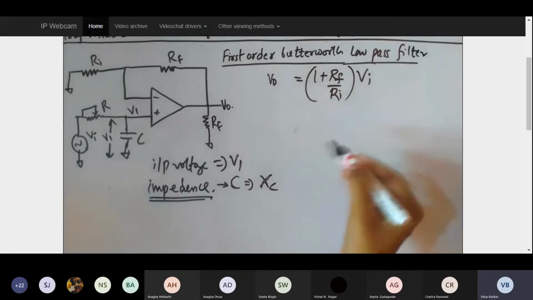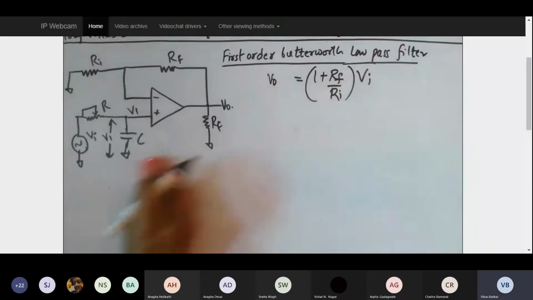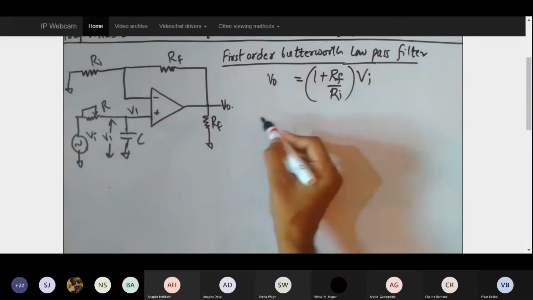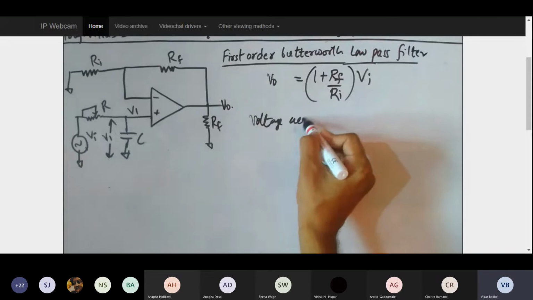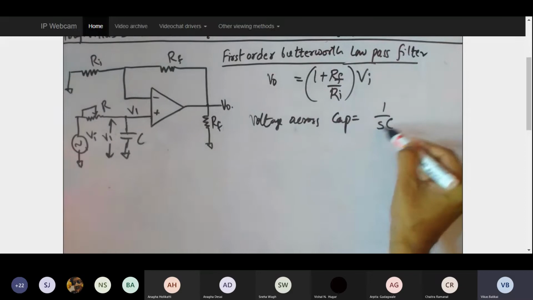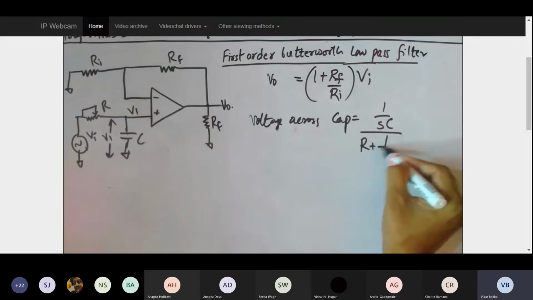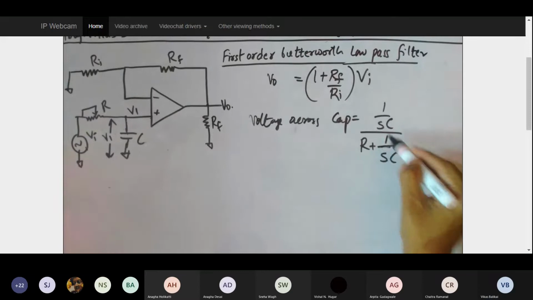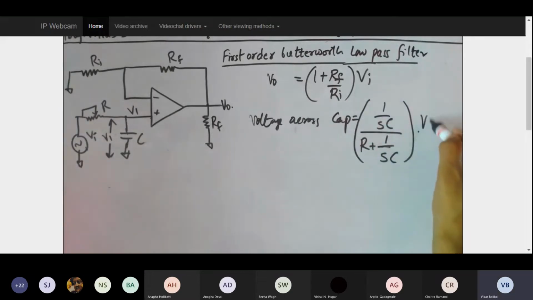So the thing is, I'll just write: voltage across the capacitor is given by 1 upon SC, whole divided by R plus 1 upon SC, whole multiplied by Vi of S. Now, since the capacitor is going to behave as a charging component, a dynamic element which is going to be charged and discharged, because of that there is a term coming into the picture.